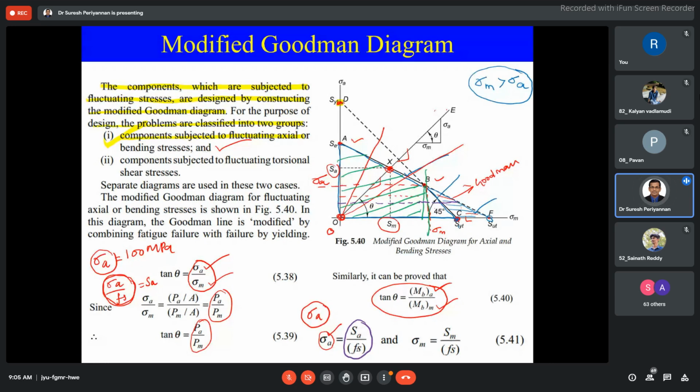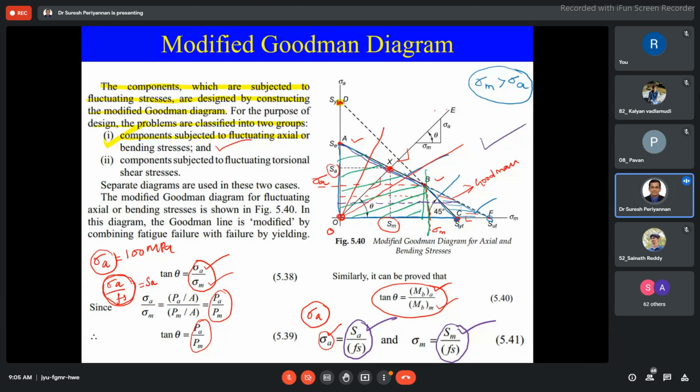The SA and SM are always in this region only, AB region only. Similarly, I am using a factor of safety for SM. Are you clear now? This is our modified Goodman theory, while the component is subjected to fluctuating axial and fluctuating bending stress.